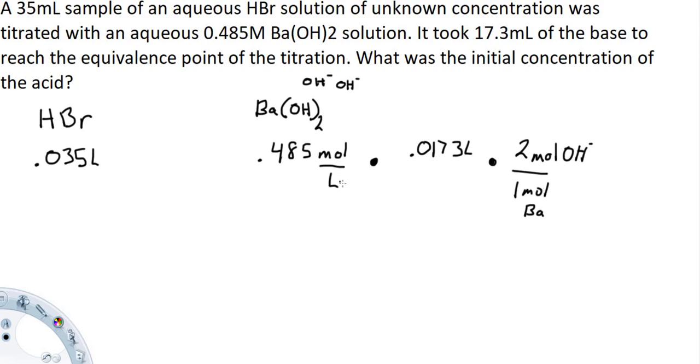And when we multiply this out, it is going to cancel the liters units, and it is also going to cancel out this mole, and what we're going to be left with is the moles of the OH minus that is going to react with the acid.